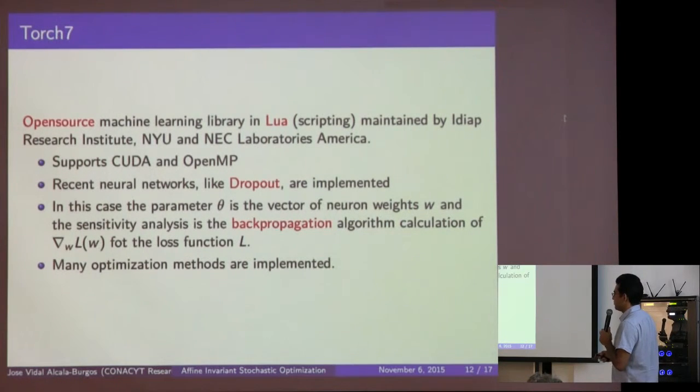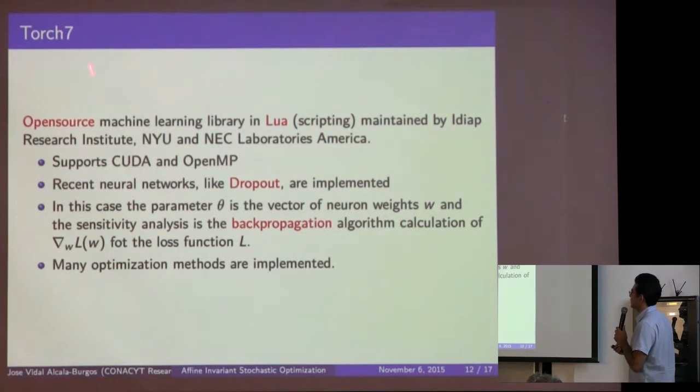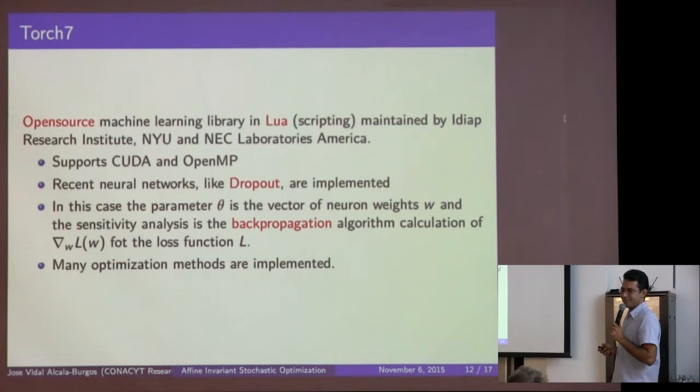So how do we implement this in an interesting case? Well, I found this beautiful library called Torch 7, developed by IDIAP right here. Not anymore? But do you still have some people working on it? No. But not maintaining the library anymore.